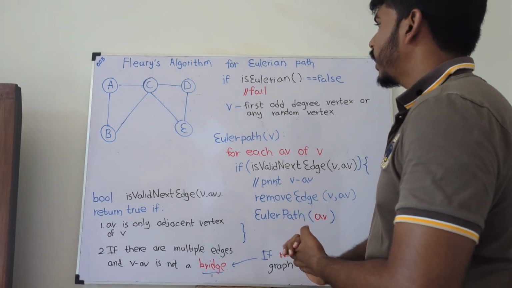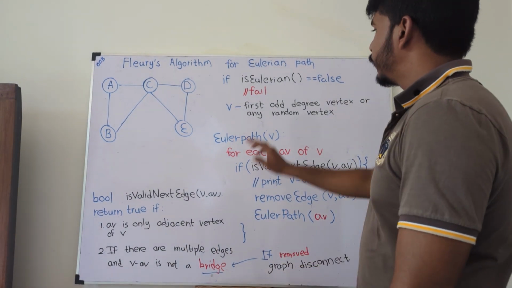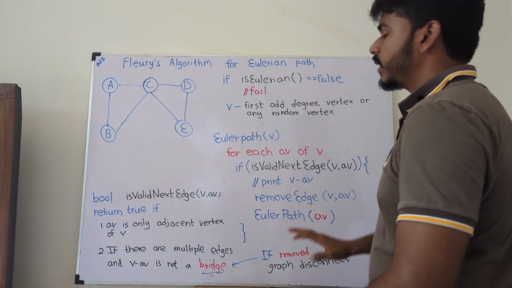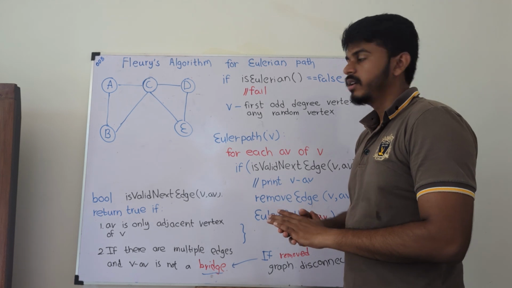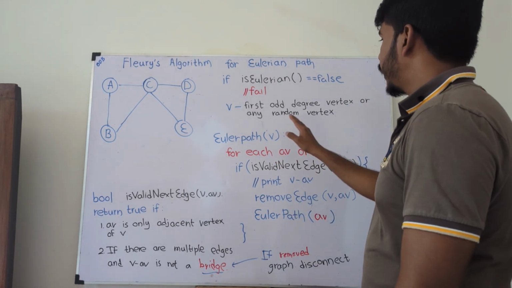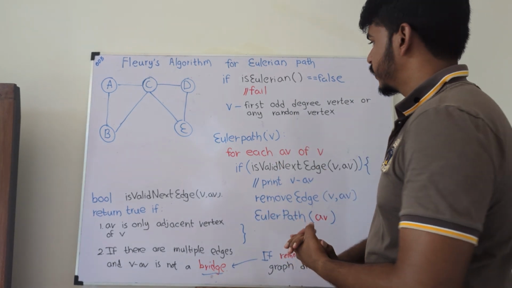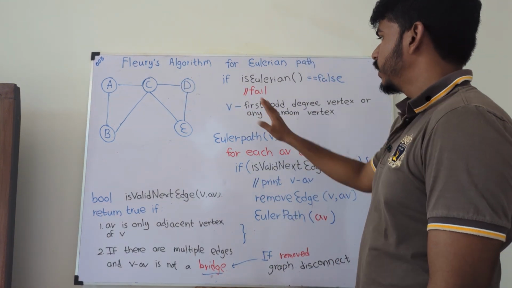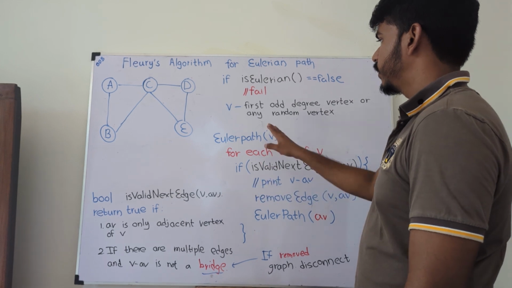First, as the starting vertex, we are going to take the first odd degree vertex, or if there is no odd degree vertex, we are going to take any random even degree vertex. Here I have taken this graph as the example for the Euler path.